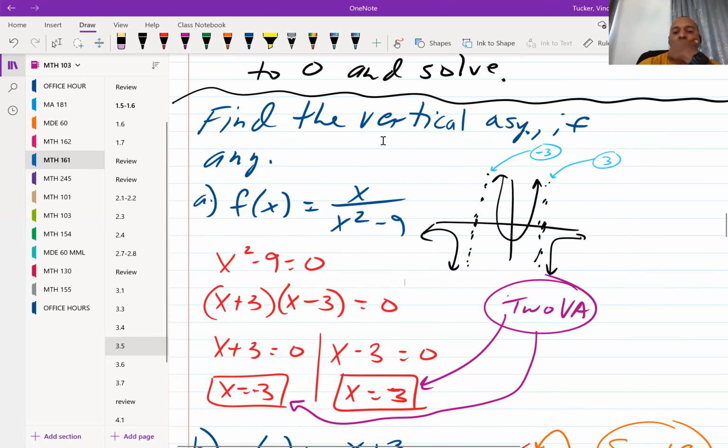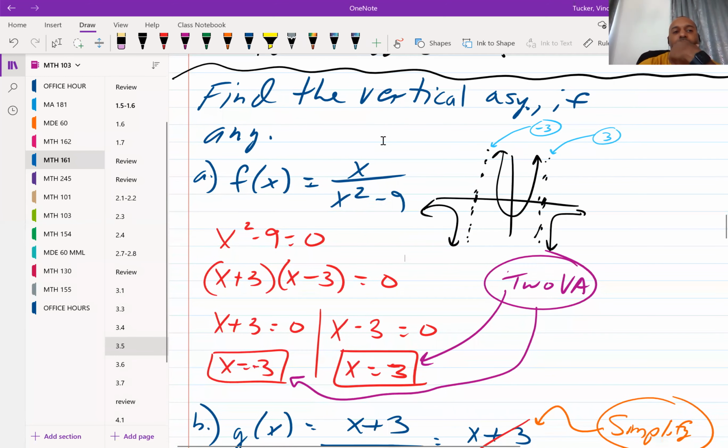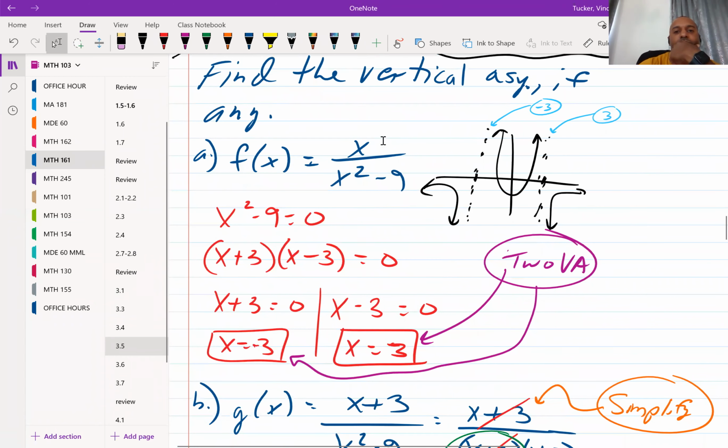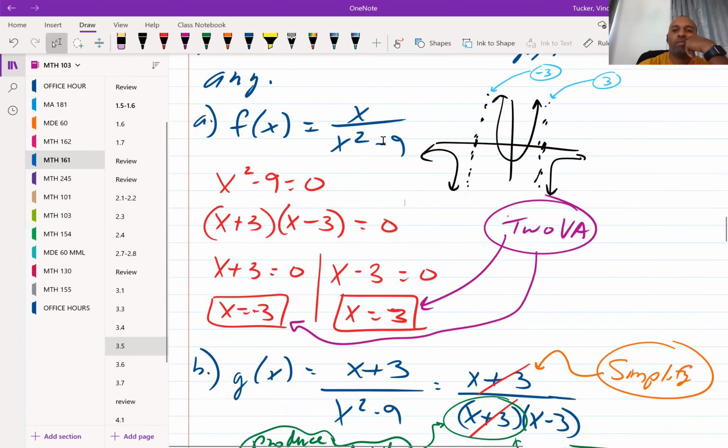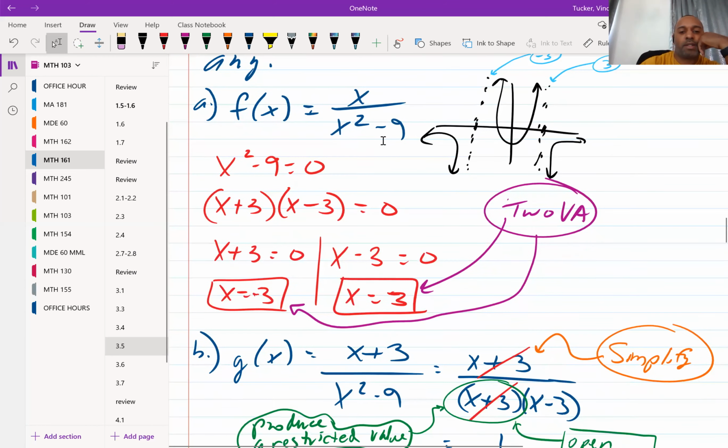All right, can you scroll up a little? The next one is x plus 3 over x squared minus 9.